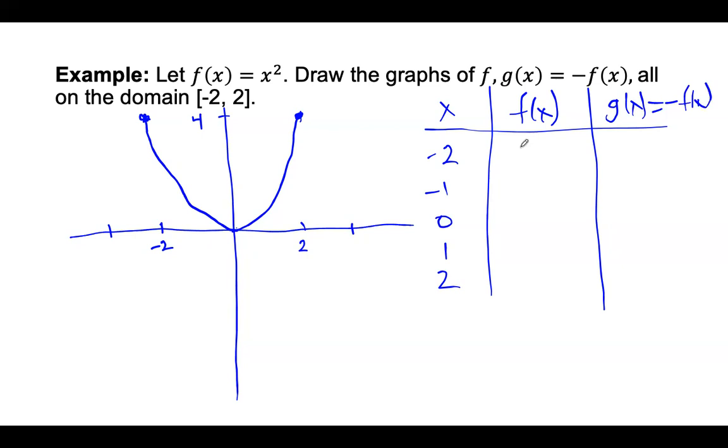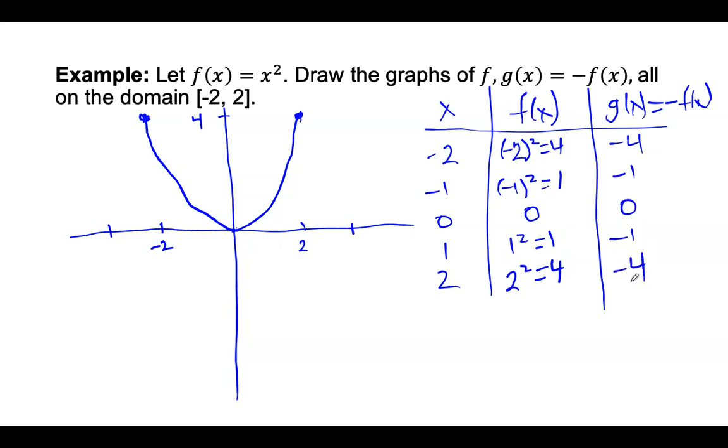So like before, we got -2 squared was 4, -1 squared was 1, 0 was 0, 1 squared was 1, and 2 squared was 4. So the negatives of these values would be -4, -1, 0 again, -1, -4.